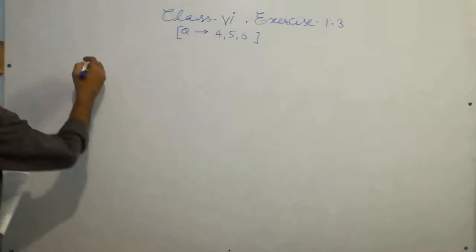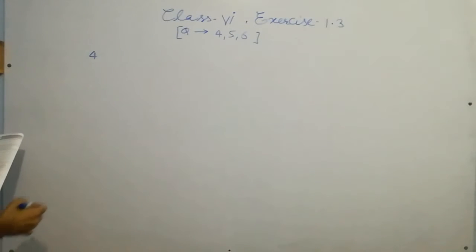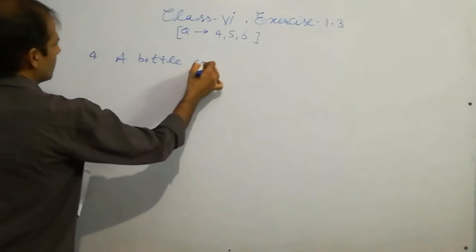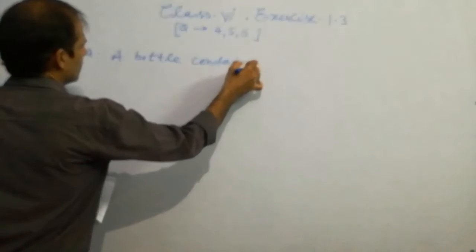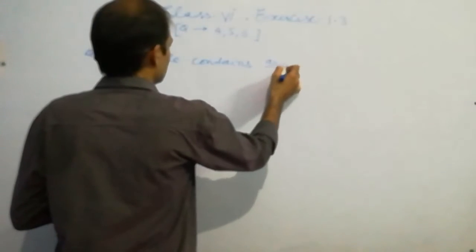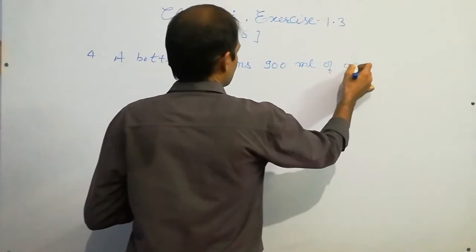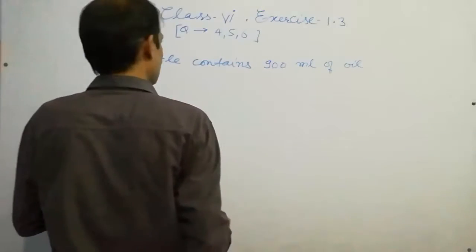Fourth question. A bottle contains 900 ml of oil.